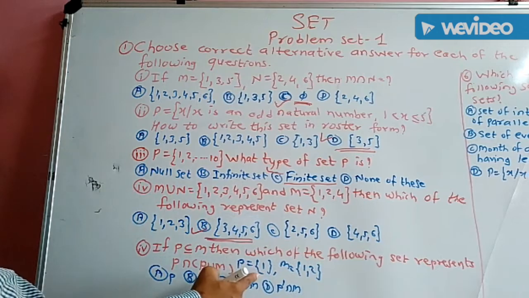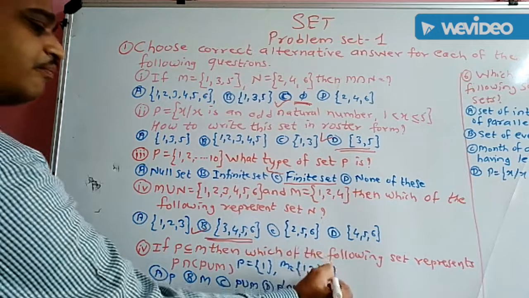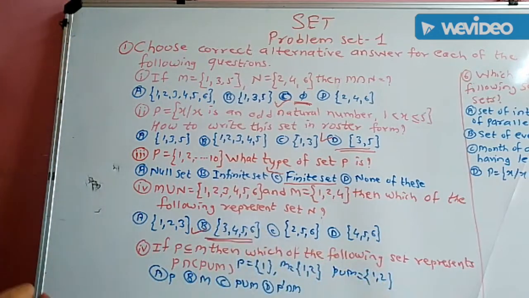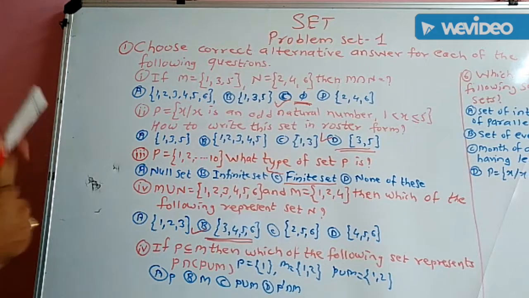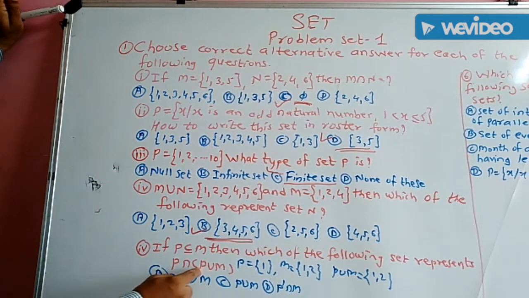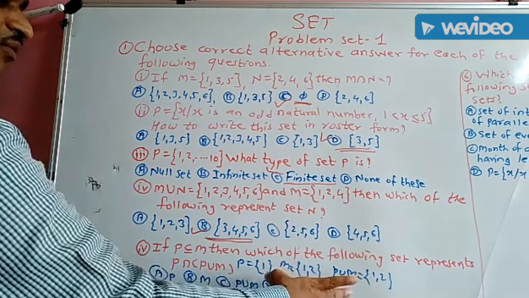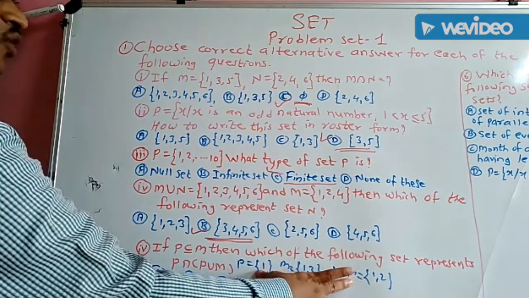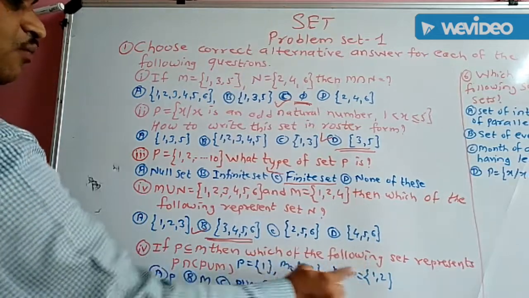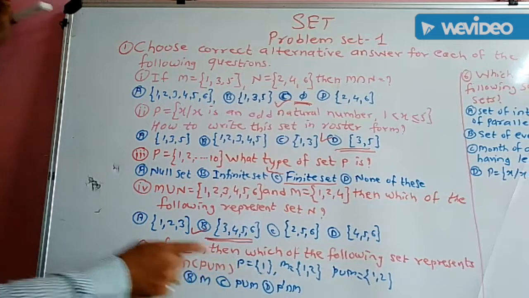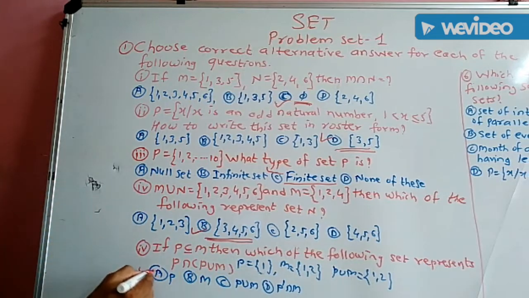Every element of set P is in M. Then we find P union M, which is {1, 2}, all the elements in sets P and M. Then we find P intersection (P union M), that is the common elements of set P and P union M. The common element is only 1, which is given by set P, and therefore our correct alternative is P.